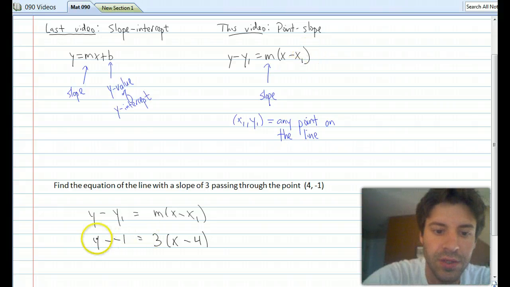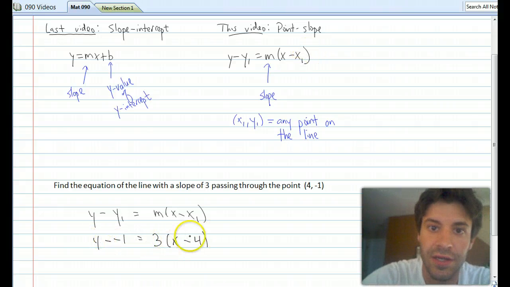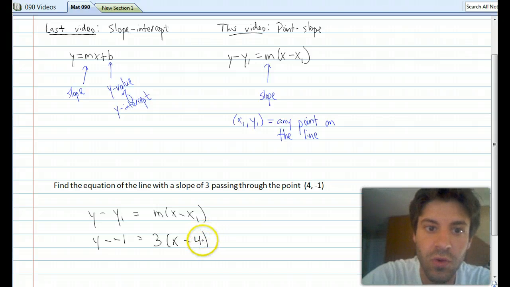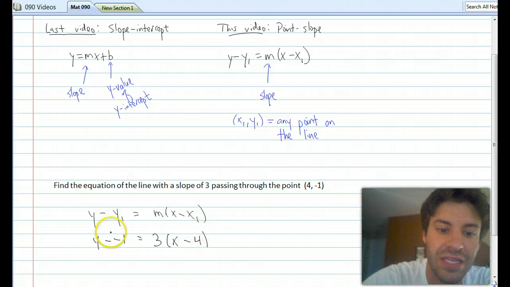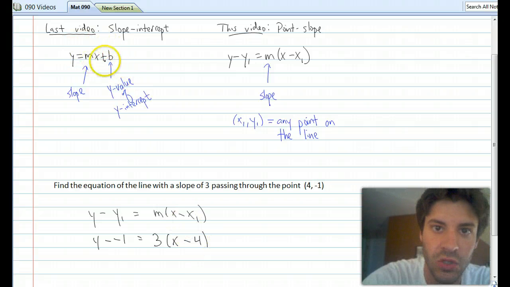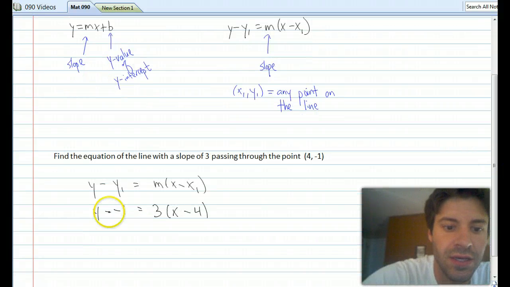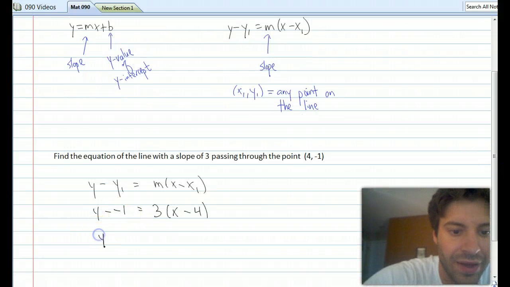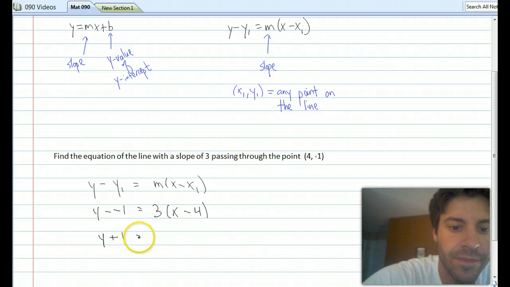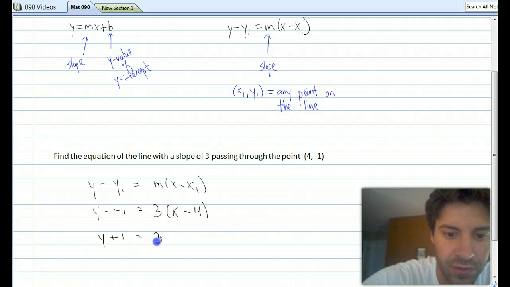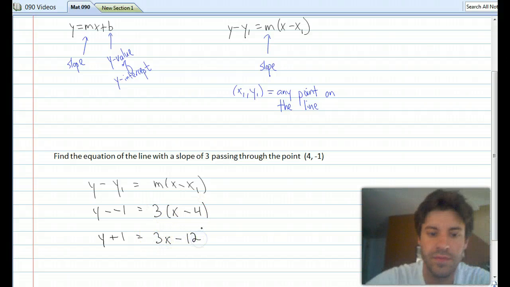All we have to do now is write this equation in a nice form. And that nice form actually means getting y by itself so that the equation looks like slope-intercept form. Let's do that. y minus a -1 becomes y plus 1. If we distribute the 3 through the parentheses, we get 3x minus 12.